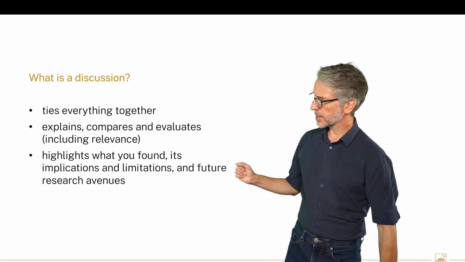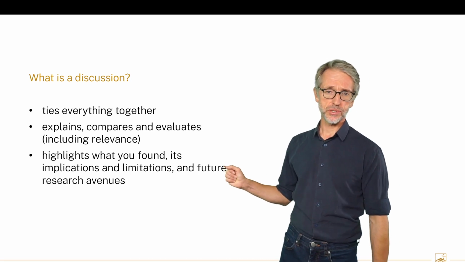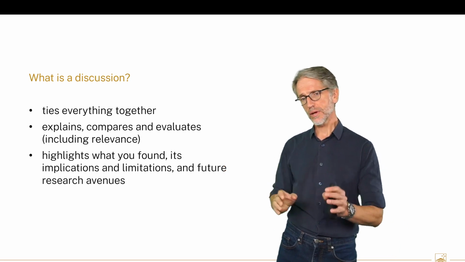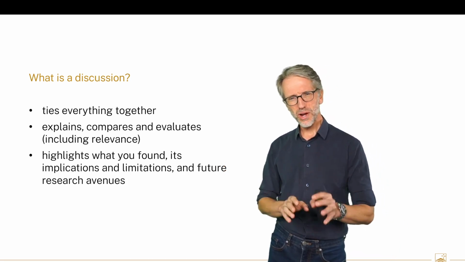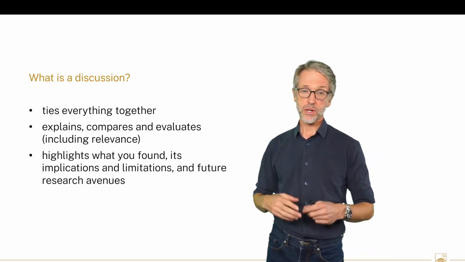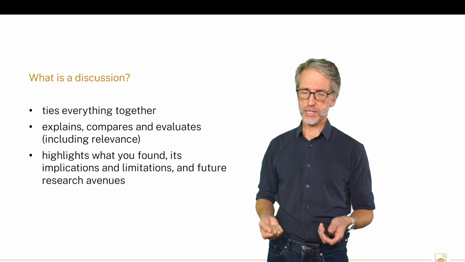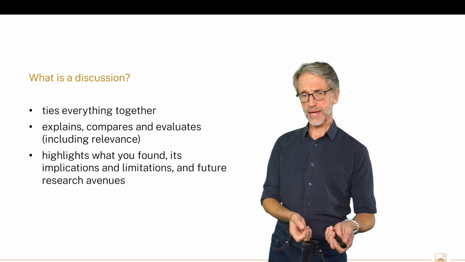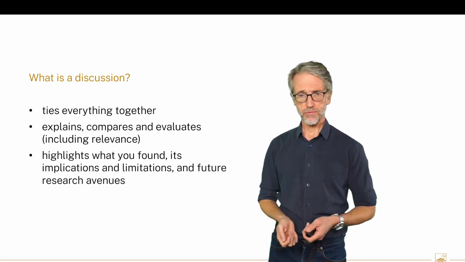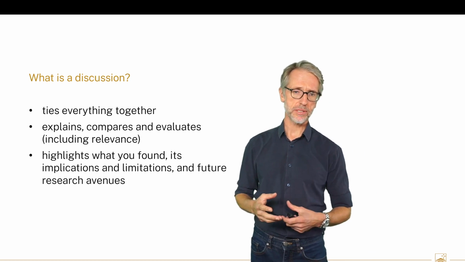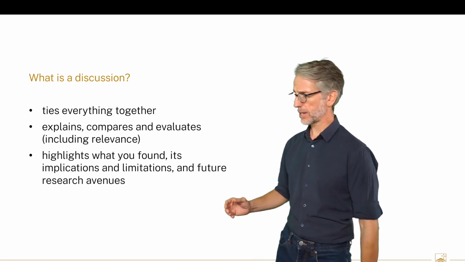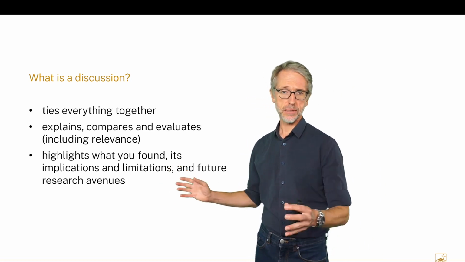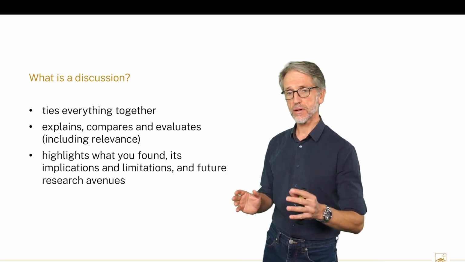In particular, a key thing that a discussion tries to do is to highlight not only what was found, but what it really means in the bigger picture, what it means in the context of that research question that the authors arrived at using their theoretical framework. So here we come back to that theoretical framework again. Now we are talking about implications and limitations in the context of that framework.